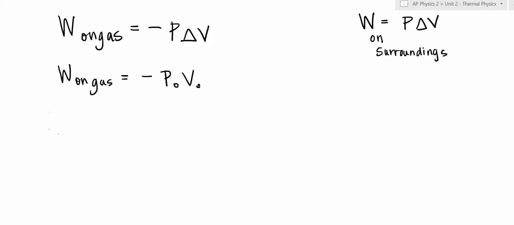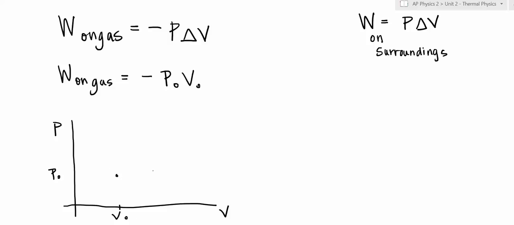Okay, so maybe we have another pressure versus volume situation, and our system starts out at P naught, V naught, and the pressure increases while the volume stays the same, and we go to a final pressure of 2 P naught.